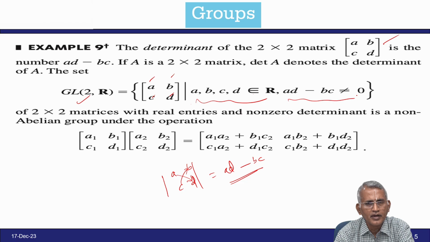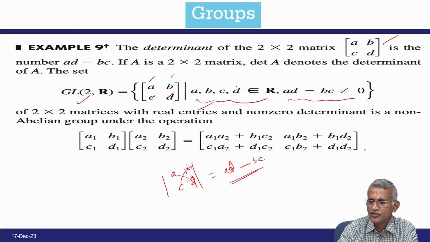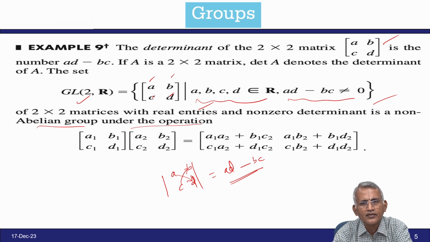Non-singular means the determinant is not equal to 0. If it is equal to 0, then it is a singular matrix. Therefore, the set of 2 cross 2 matrices with real entries and non-zero determinant is a non-abelian group under the operation. It does not satisfy the abelian property, therefore it is non-abelian, but it satisfies the group property.